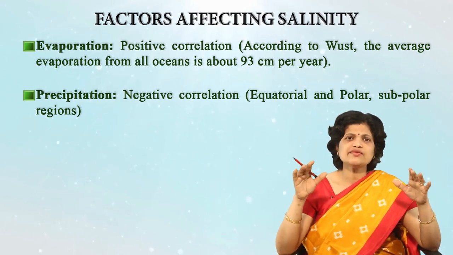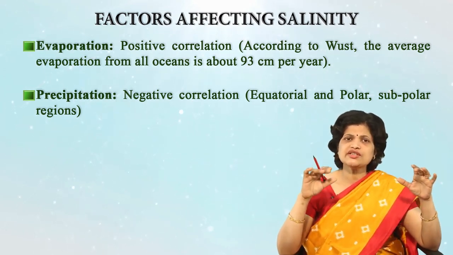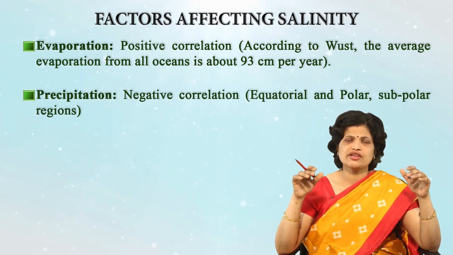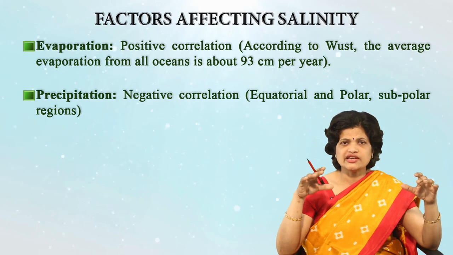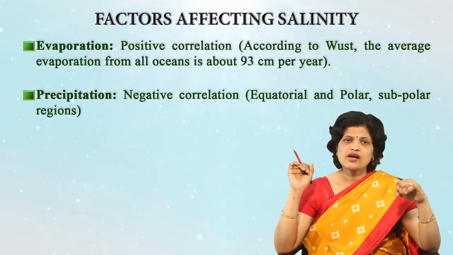So this is a negative correlation. That means that the higher the precipitation, the lower the salinity of the oceans.